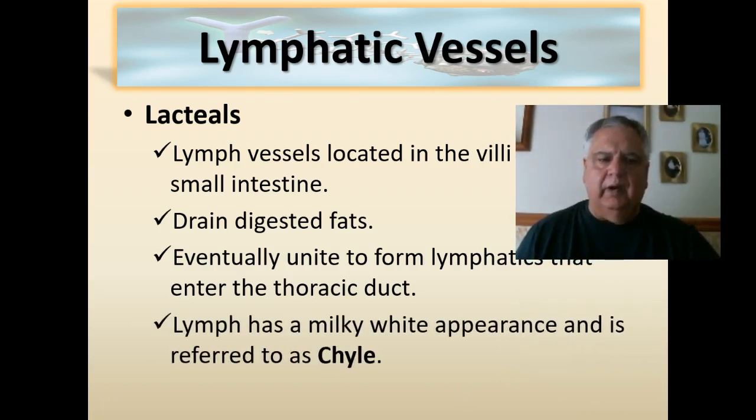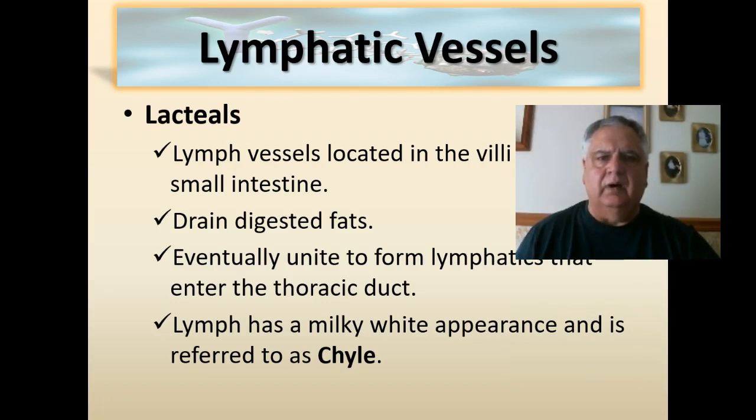The lymph, by the way, in the lacteals has a kind of milky white appearance, and that's because of the high concentration of fat that it is composed of. As a result, we have a special name for this high concentration fat lymph. We refer to it as chyle. Don't be confused; we don't want you to confuse that, when we get into the digestive system, with something called chyme.